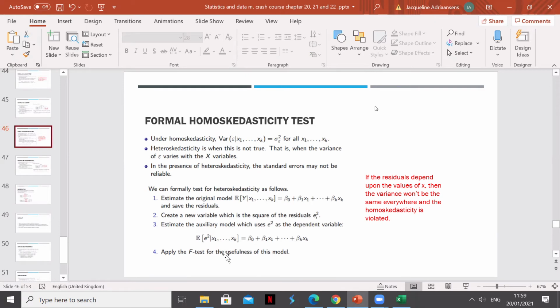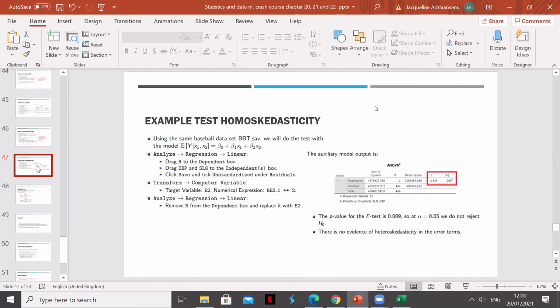And that's a violation of homoscedasticity. If those are all statistically zero, then it doesn't depend on the X's, and you have homoscedasticity. So for each X, the E squared would be the same. But if it's not, then it will depend on the X's. Those are non-zero, and you will have heteroscedasticity. If there are any questions, just interrupt.